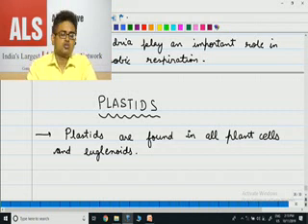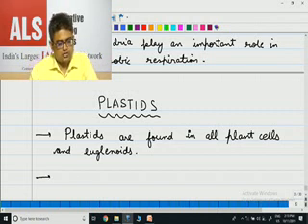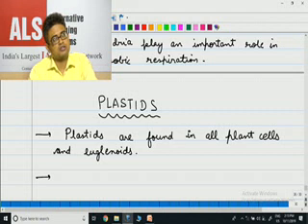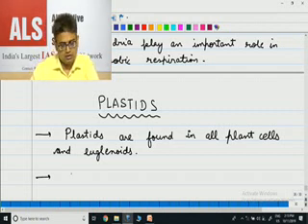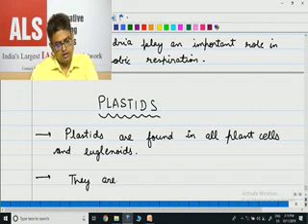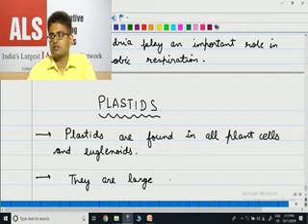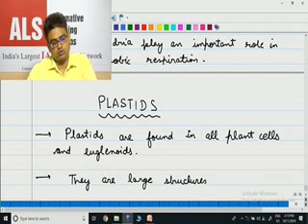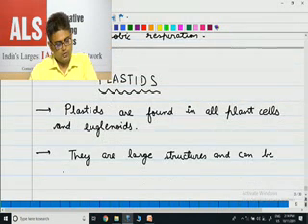These are very large structures. Actually, a chloroplast is somewhat larger than mitochondria, so they are very easy to observe. They are large structures and can be easily observed under a microscope.